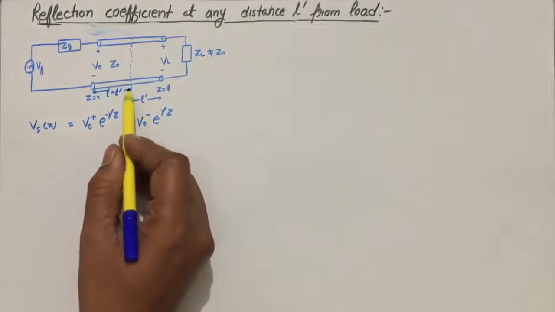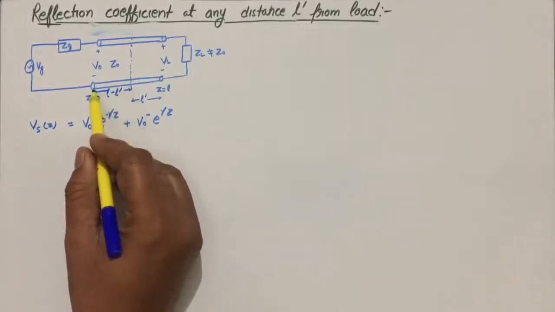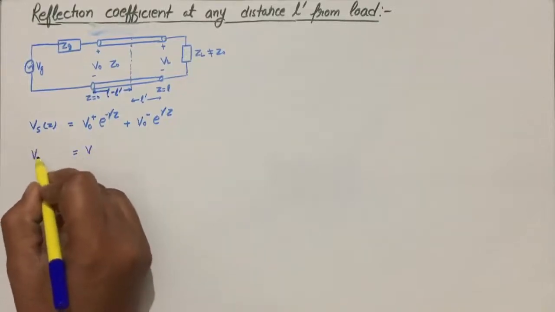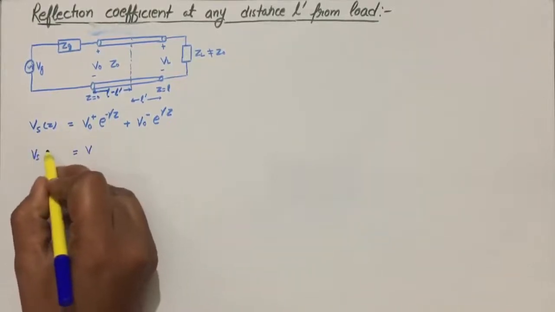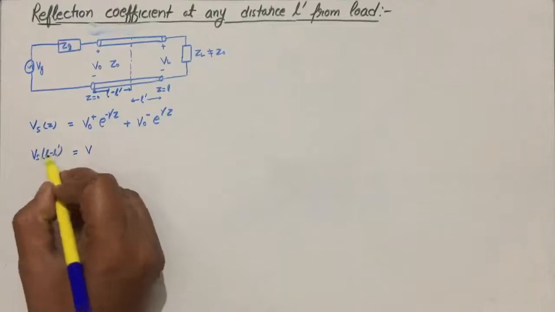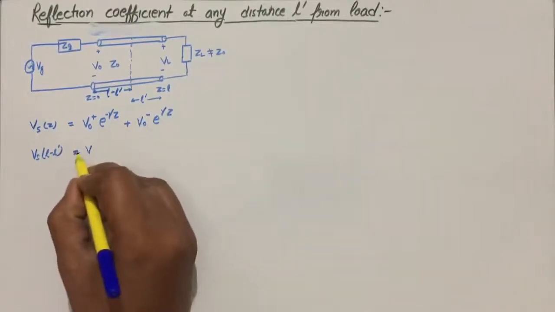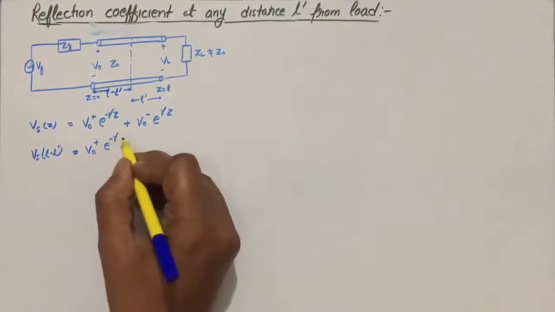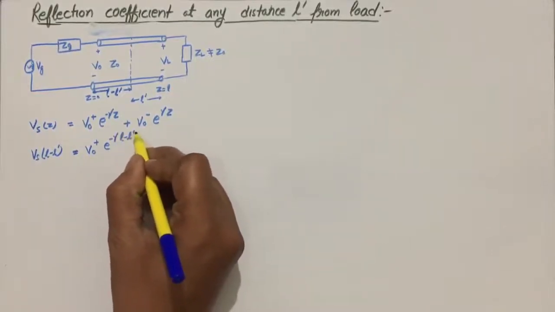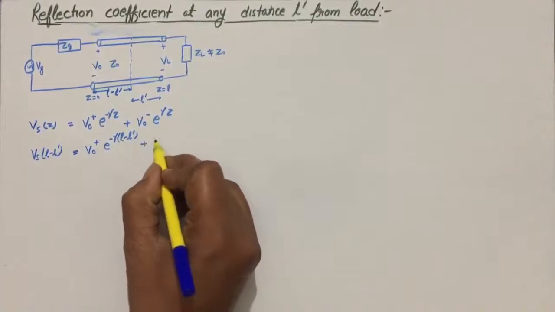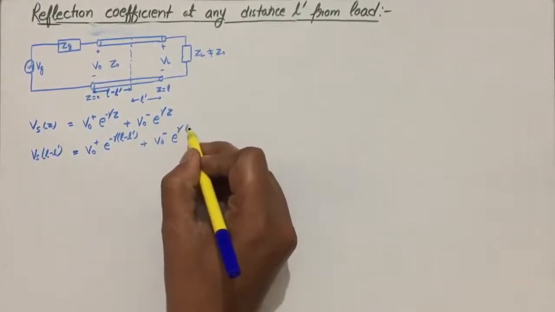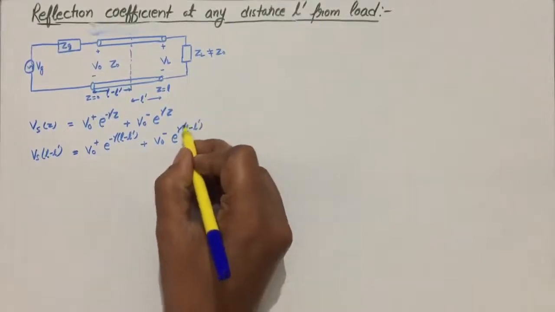As the distance is L minus L dash from here, we will modify this according to the position where we want to find it: E to the power minus gamma (L minus L dash) plus E to the power gamma (L minus L dash).